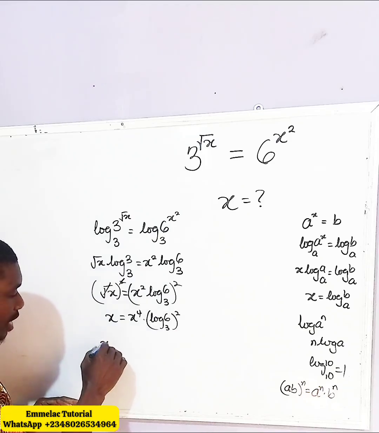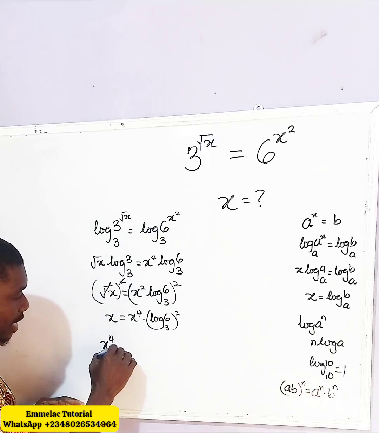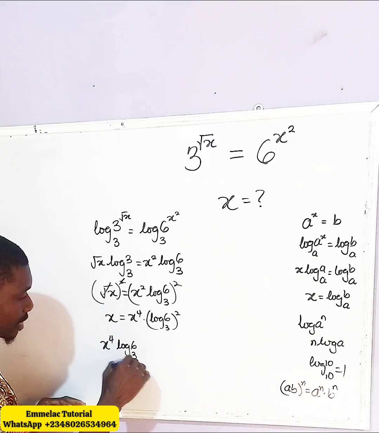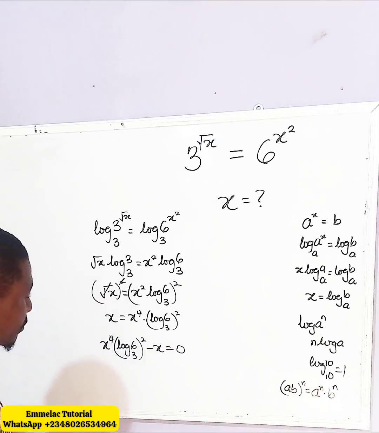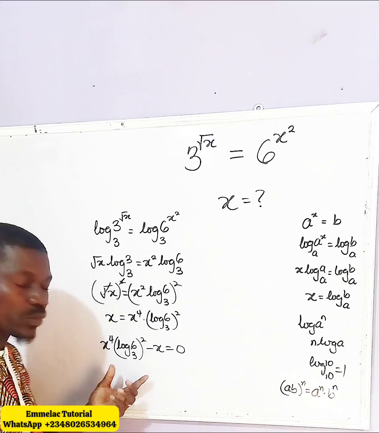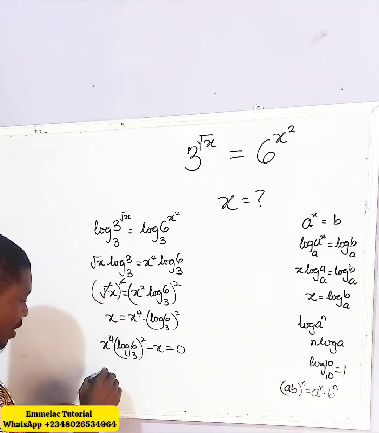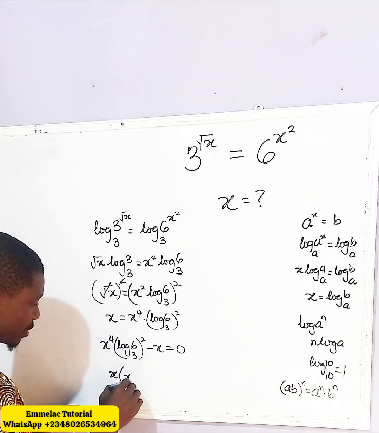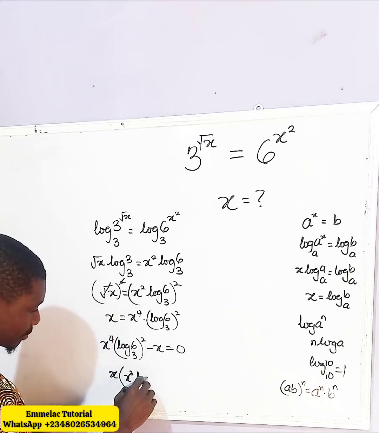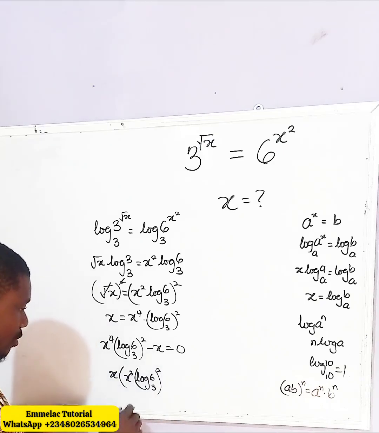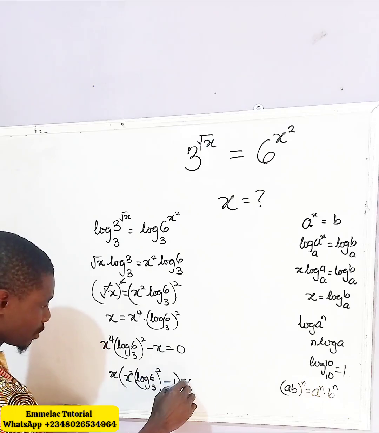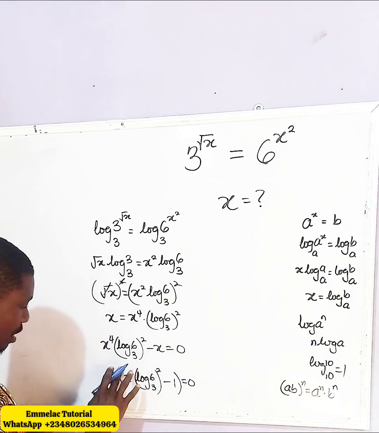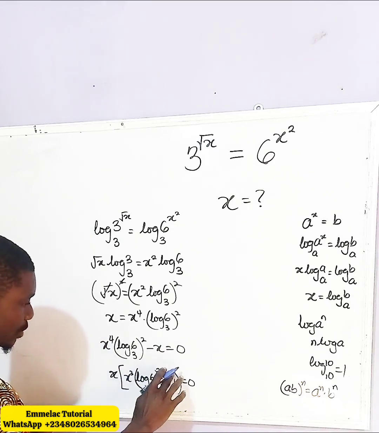Here we have x raised to the power of 4 times log 6 base 3 all squared, minus x equals 0. At this point we can factor out x. So here we have x times x raised to the power of 3 times log 6 base 3 all raised to the power of 2, minus 1, equals 0. Let me put a square bracket here so that we don't get confused.